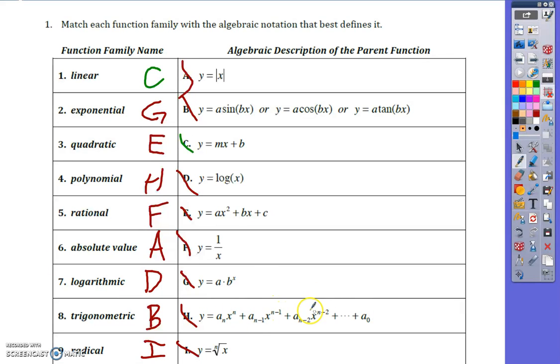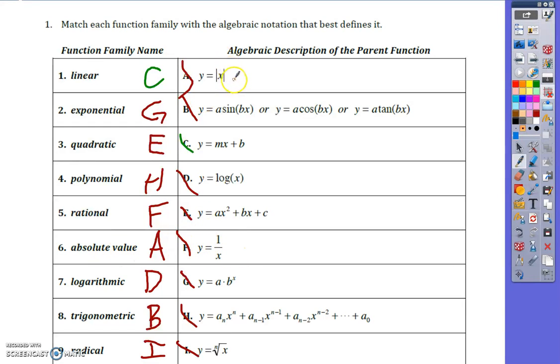But notice there's exponents, and I know that n looks like a variable, but n is a number, so that's not a variable. If you matched that with exponential, I understand why.